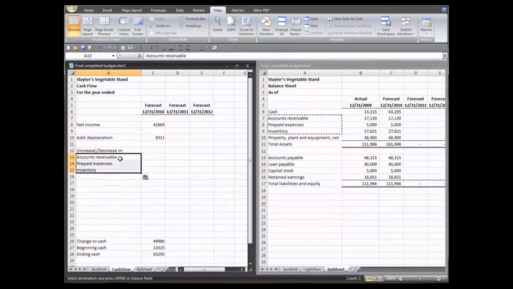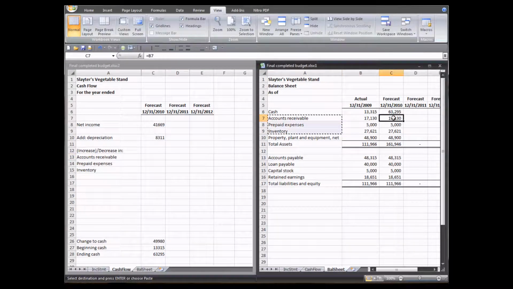Now that might seem counterintuitive, but the reason we're doing that is because everything on this cash flow spreadsheet is supposed to be thinking in terms of cash. If we increase our accounts receivable balance, that means we're making sales that we're not yet collecting, which is sort of like a decrease to our cash.